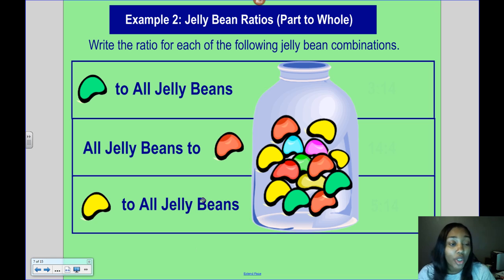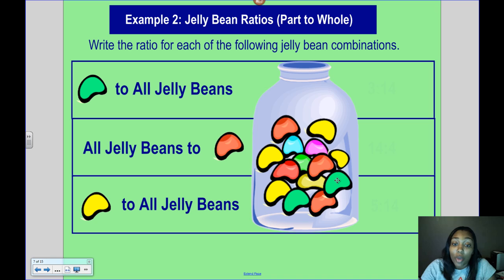So now what we want to do is look at some part-to-whole ratios, or whole-to-part, meaning that we're going to be comparing part of the group to the total of the group. And this is where it actually is like a fraction, because fractions are part to whole. So the first one is we want to compare the green jelly beans to all the jelly beans in the jar. So the first thing we want to do is see how many green jelly beans we have.